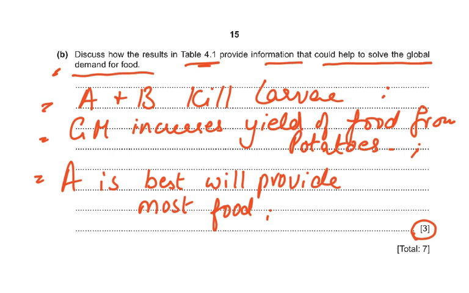Now this genetic modification is increasing the yield of food from potatoes. And because A was the best, because it killed all the larvae, it will provide the most crop yield, more potatoes, so more food for the human beings which live on the face of this earth.